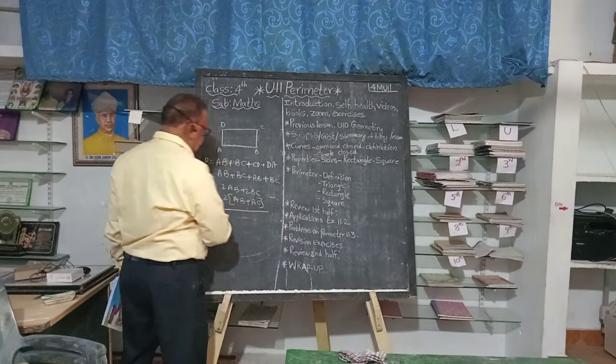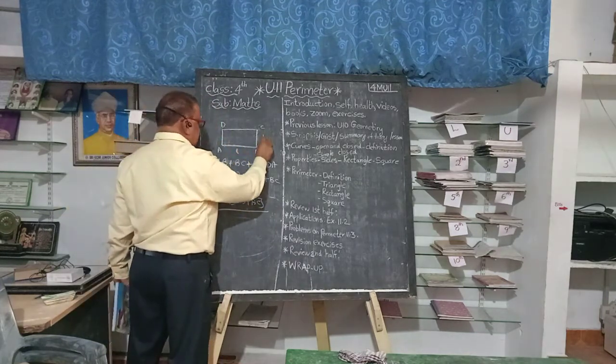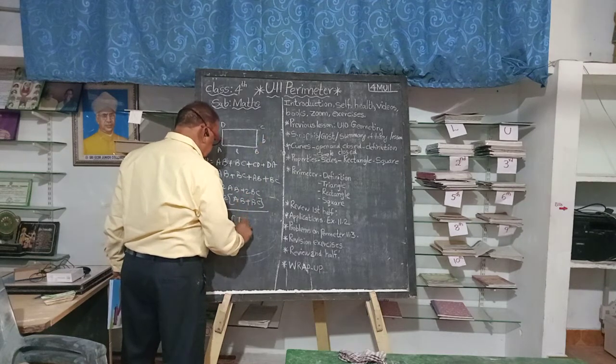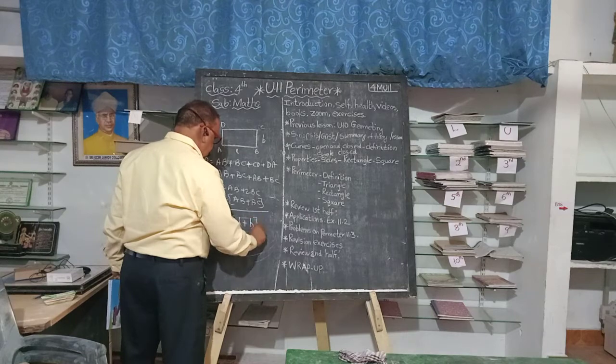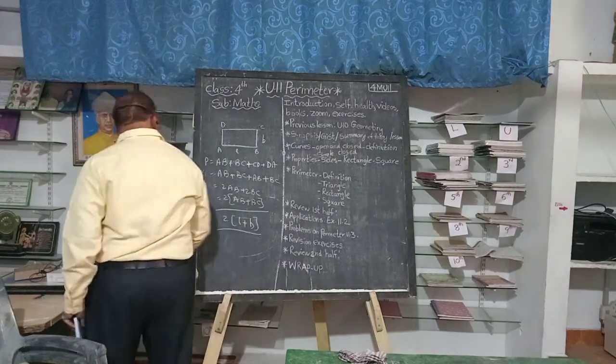Got it? 2 into (AB plus BC). This is the length, this is the breadth. So 2 into (L plus B). That's in the case of a rectangle.